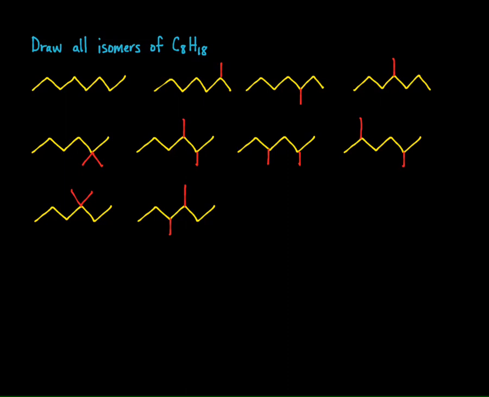Are we done? No, we're not, because we not only can have a methyl group, two methyl groups, we can also have an ethyl group. When you add an ethyl group, you can't add an ethyl group to the end, just like you can't add a methyl group. You also can't add an ethyl group to the second carbon because you would be increasing the carbon chain.